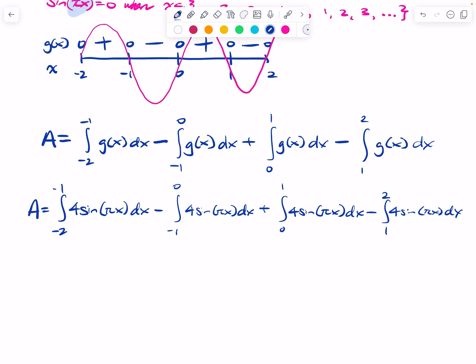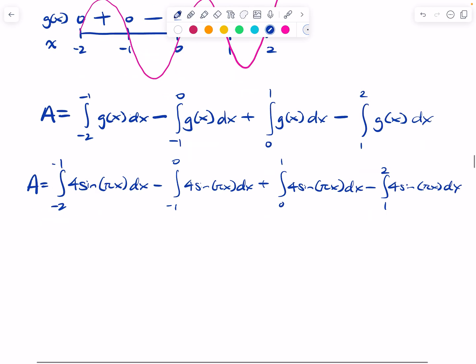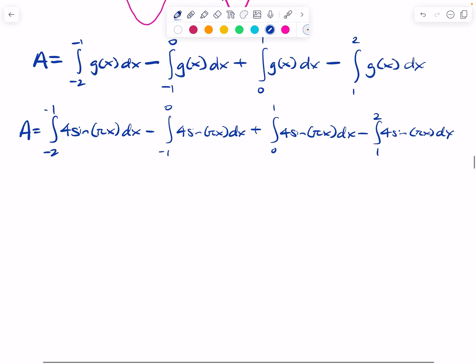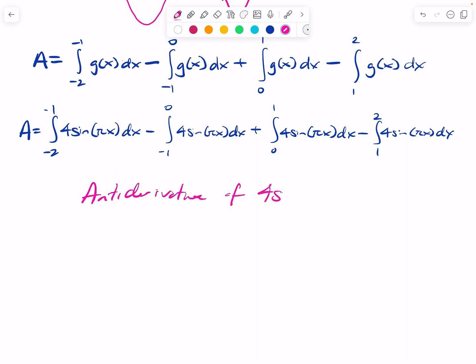Computing all these integrals, you can do it a bunch of ways, but we do at some point need to figure out the antiderivative of 4 sine pi x.